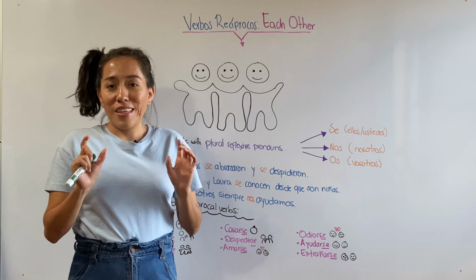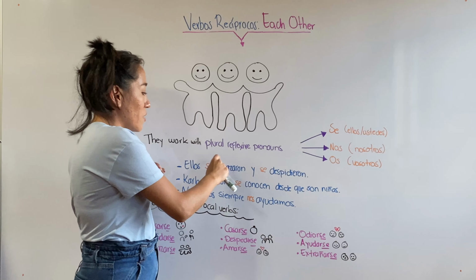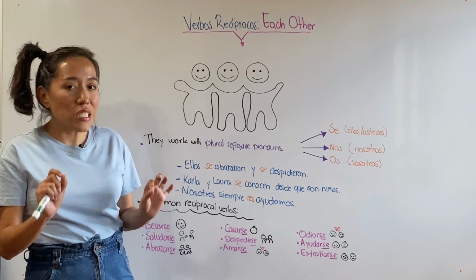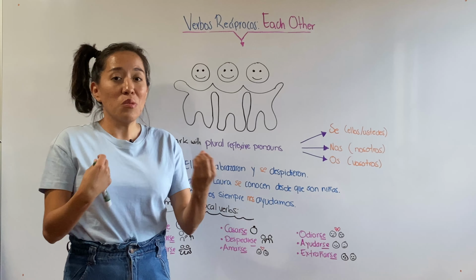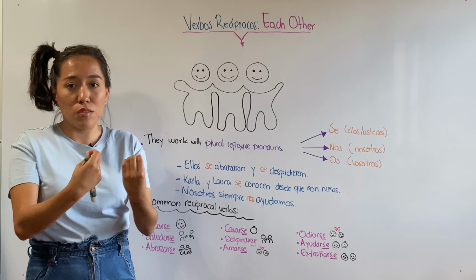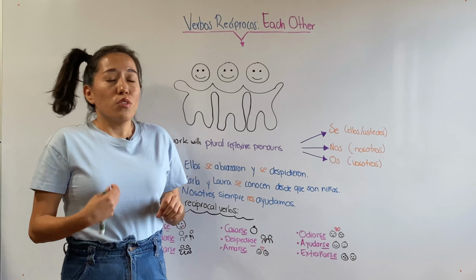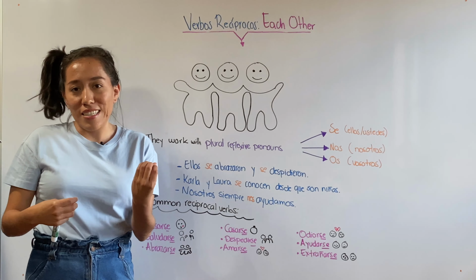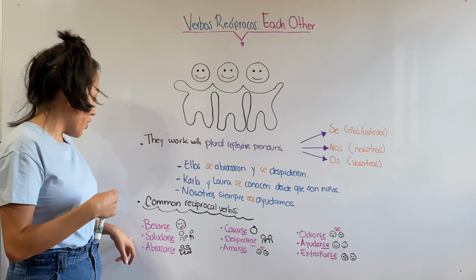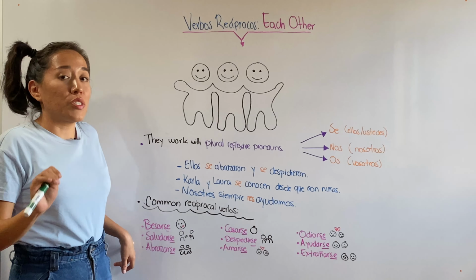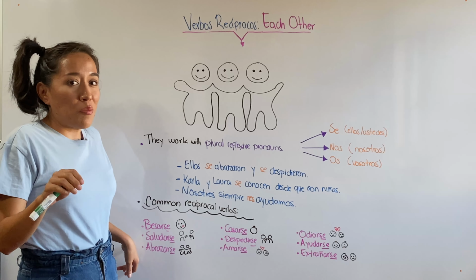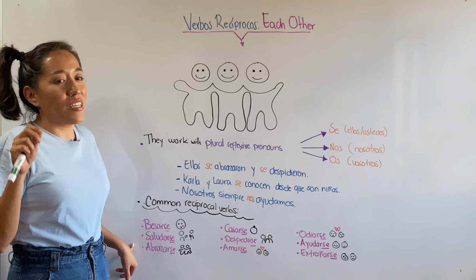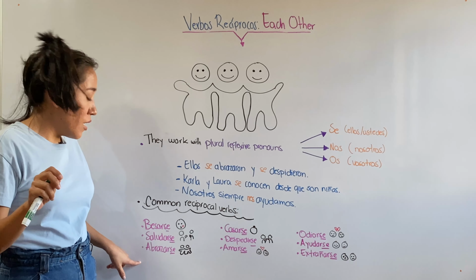Okay? So that each other is built in the reflexive pronoun, or I would say reciprocal pronoun, because you're talking about an action that is being reciprocal. So some common verbs that are reciprocal are besarse, kissing each other, saludarse, greet each other, and I'm going to skip the each other because you're going to get tired of listening to me say each other every time, okay?